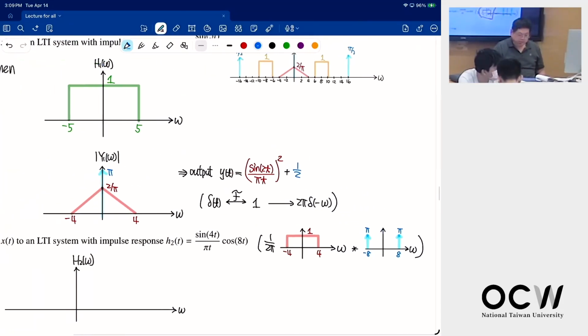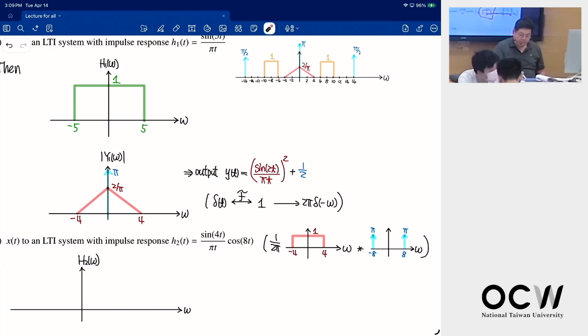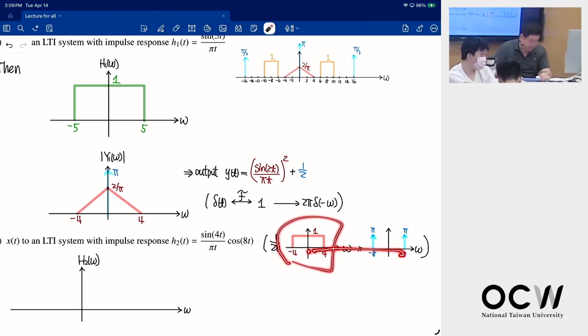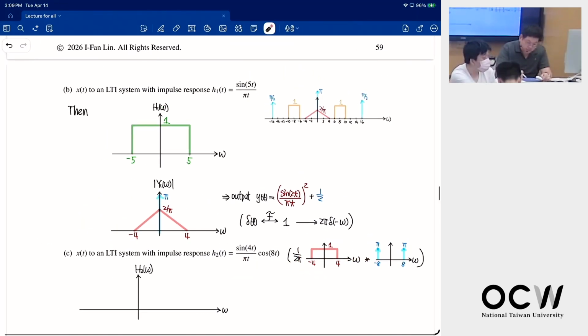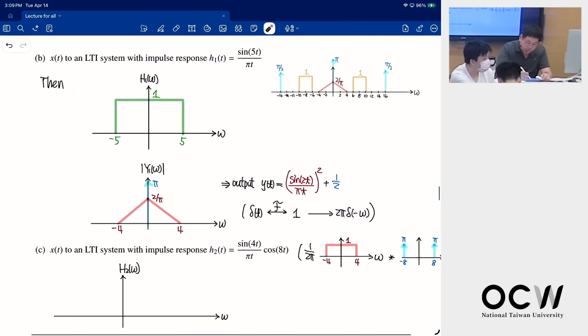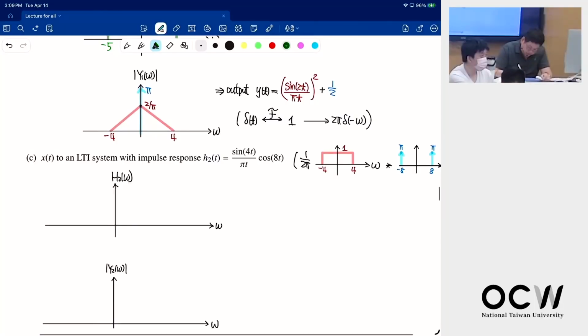Okay, so in this case, I'll shift this to the right and shift this to the left. So my frequency response will still be a rectangular pulse, but shifted.